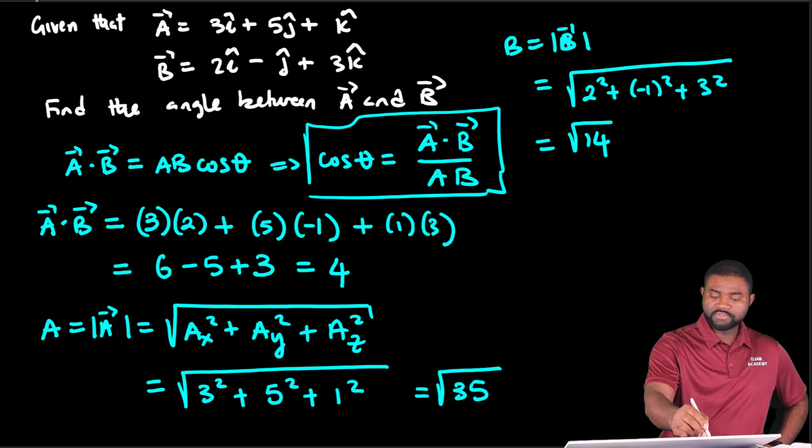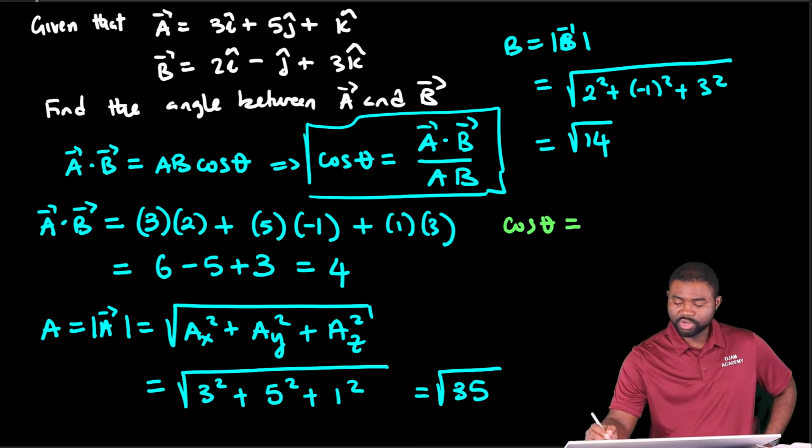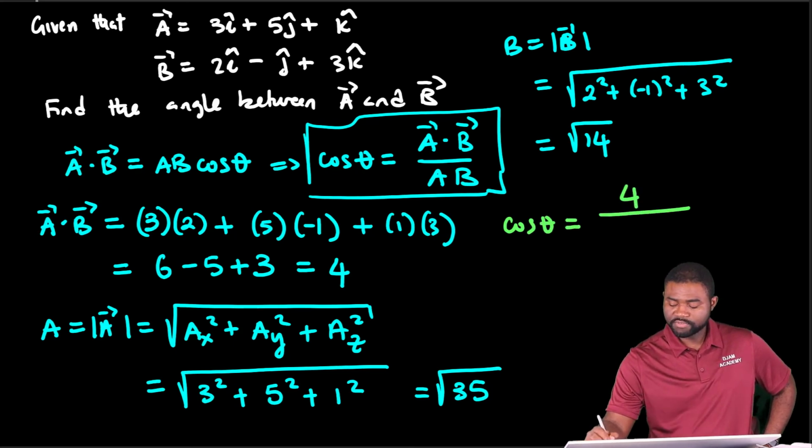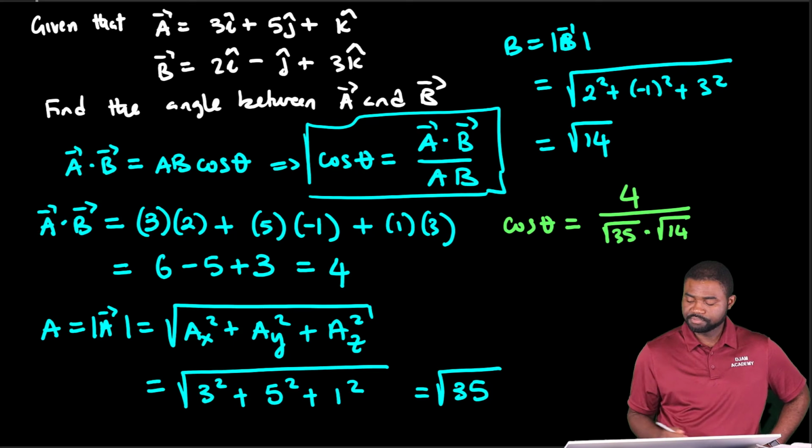So what this means is the cosine of theta will be equal to 4 divided by the square root of 35 multiplied by the square root of 14.